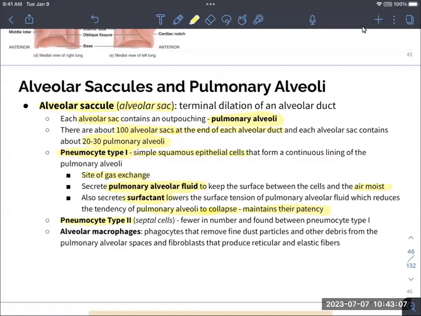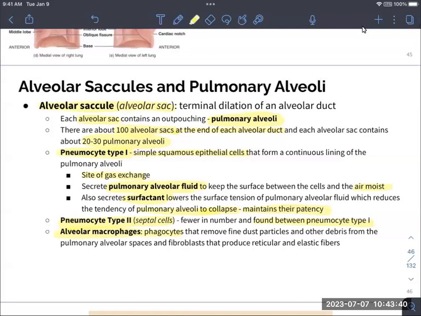Pneumocyte type 2 or septal cells, we don't have as many of those. They're found between these pneumocyte type 1 cells. And then we also have alveolar macrophages, because again, they're phagocytic. Any fine dust that has made it all the way down to these pulmonary alveoli, these alveolar macrophages come in and ingest.